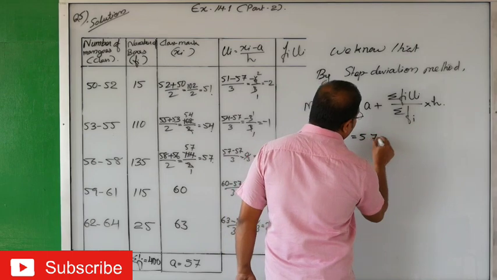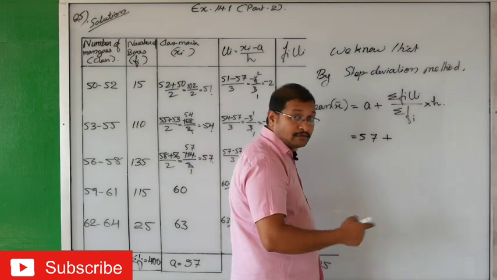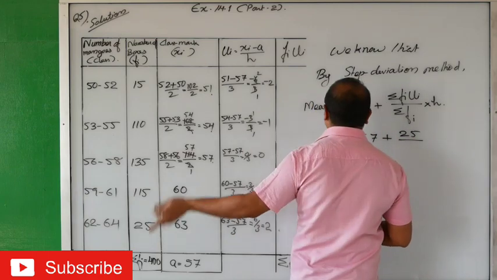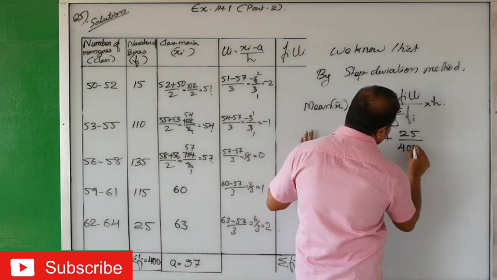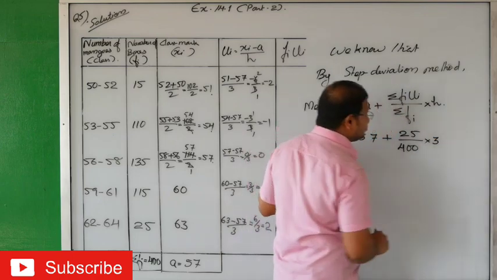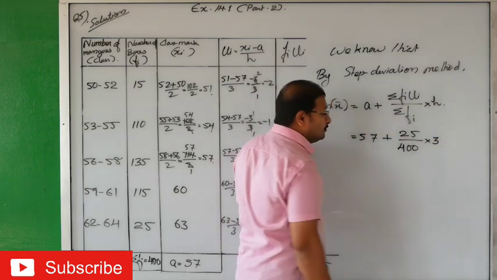So 57 plus sigma fi ui, see the table? 25 divided by sigma fi from the table, 400 into, what is the value of h? Class interval 3.